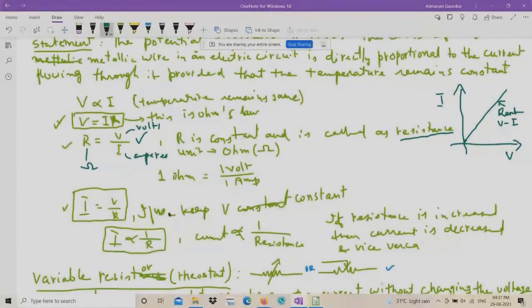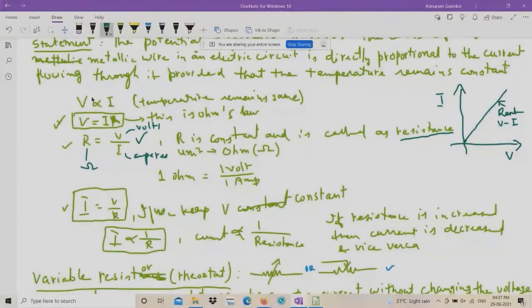So if voltage is kept constant, then current is inversely proportional to the resistance. Again you have to remember this relation between current and resistance, they are in inverse proportion. That means if current is double, resistance is half. If resistance is double, current becomes half. So current is inversely proportional to the resistance.